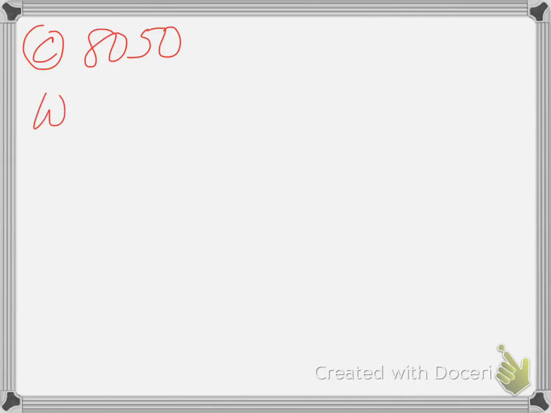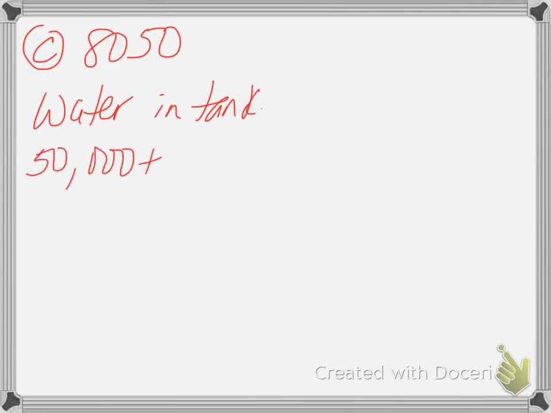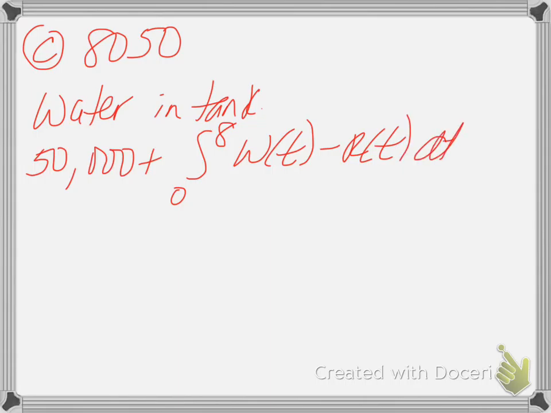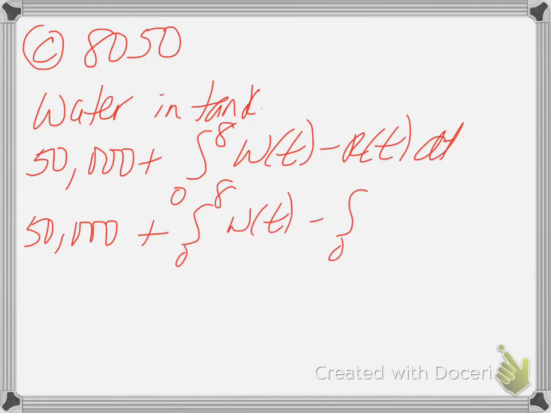Okay, so the water in the tank is going to be the 50,000 we started with, plus the integral from 0 to 8 of the water going in minus the water going out. Okay, so 50,000. And then we could break this up into 2 integrals, because we already know what one of them is.